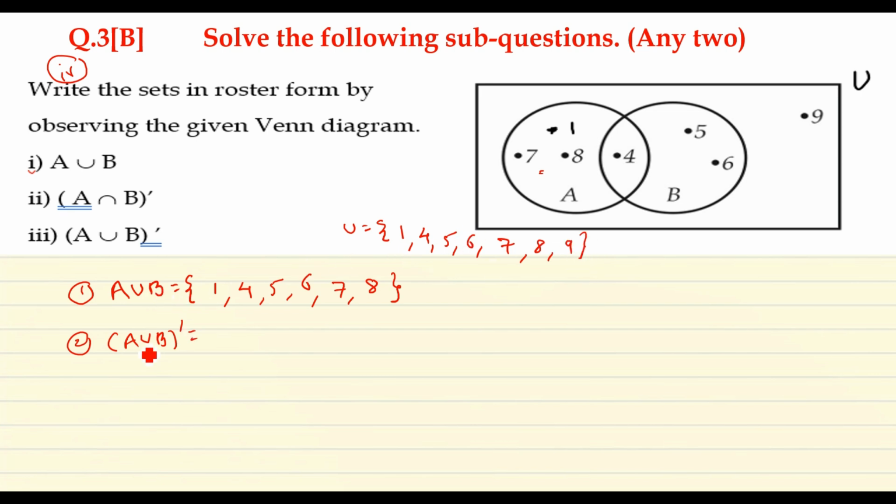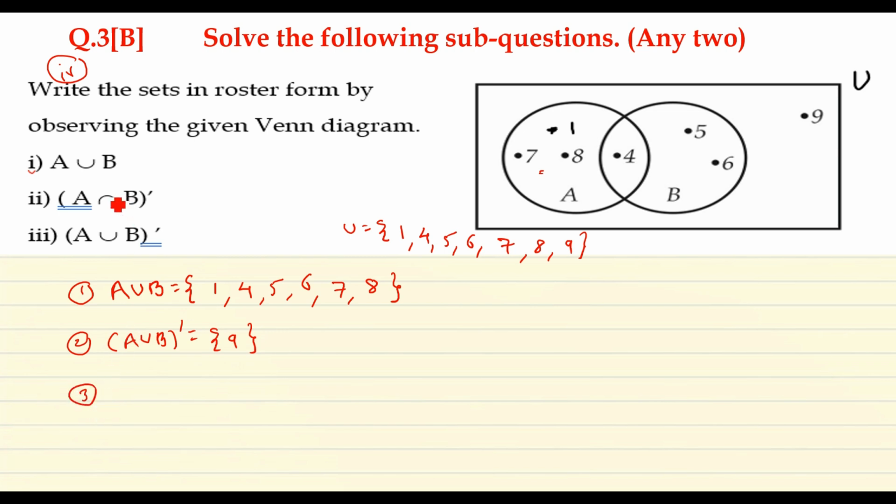Whenever you write A union B dash, the elements of A union B have to be eliminated. So excluding A union B, that will be 9. So A union B dash will be only 9.